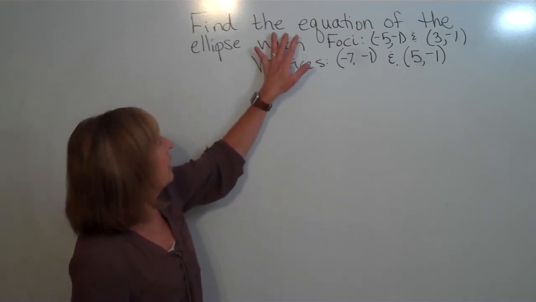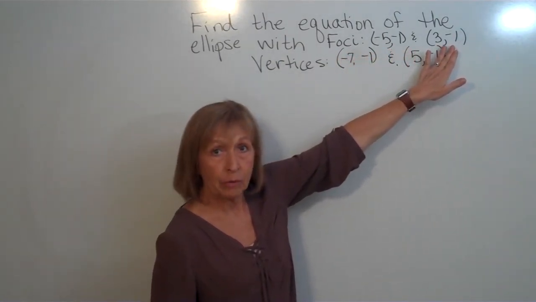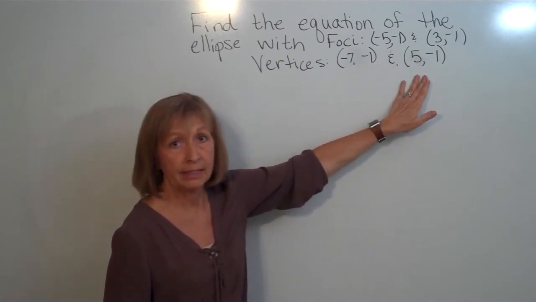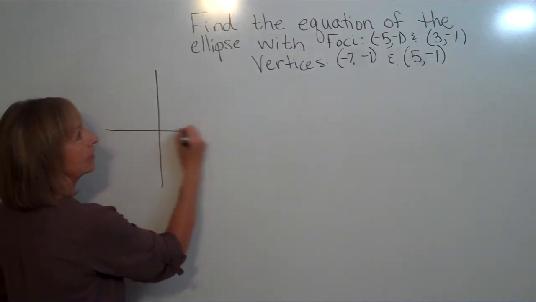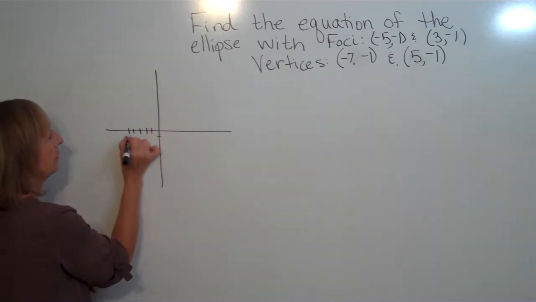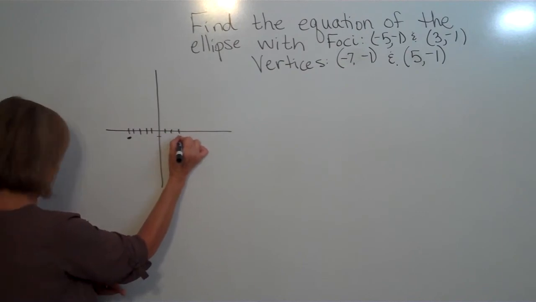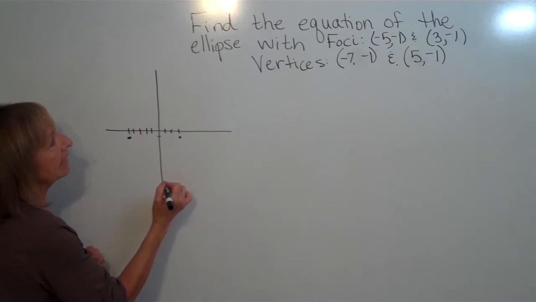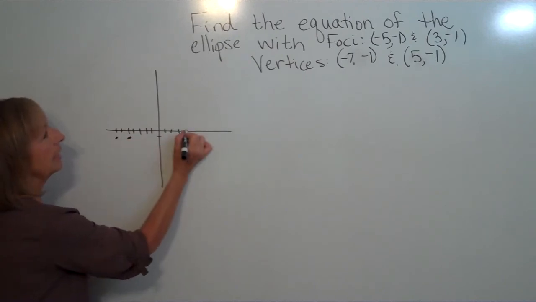Here it says, find the equation of the ellipse with foci at negative 5, negative 1, and 3, negative 1, and vertices at negative 7, negative 1, and 5, negative 1.